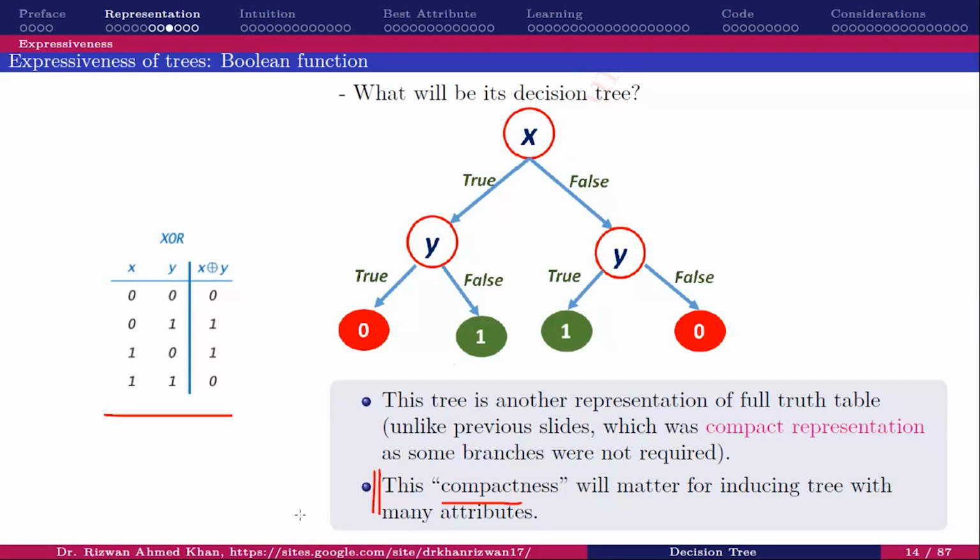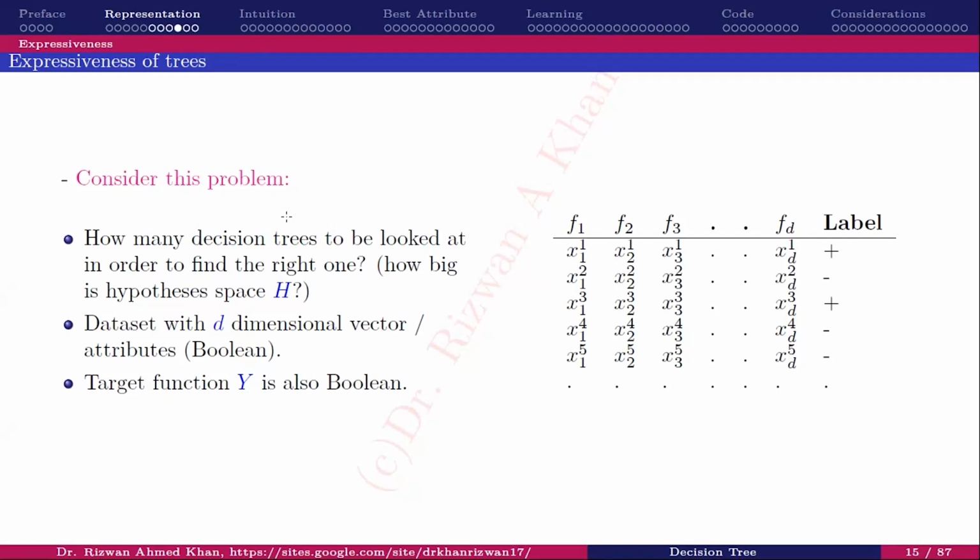Then this compactness will come into play, and this is actually used a lot in decision trees, and it is a way to avoid overfitting. Once we come over here, I'll explain what I mean, but this is how a decision tree can represent different Boolean functions.